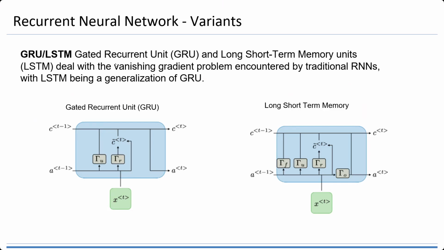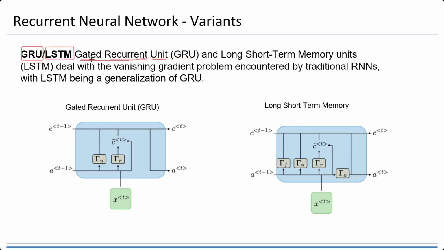That's why in the RNN, they have different variants. For example, there is a variant they call GRU. And there's also another variant, they call it LSTM. GRU stands for the gated recurrent unit.